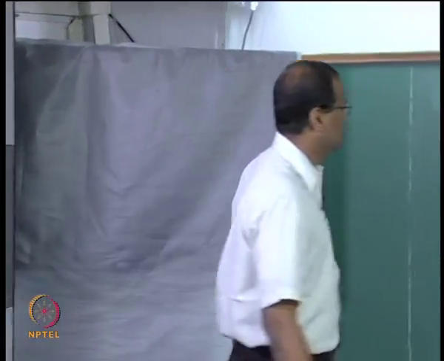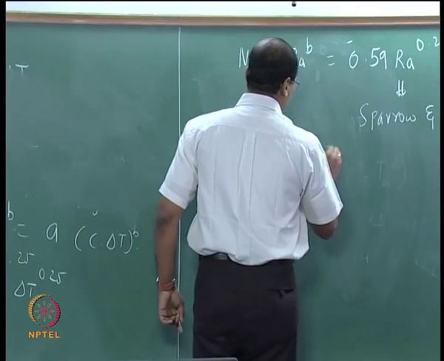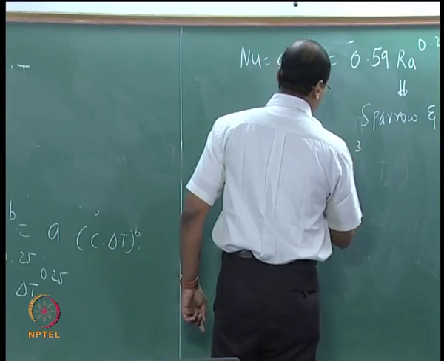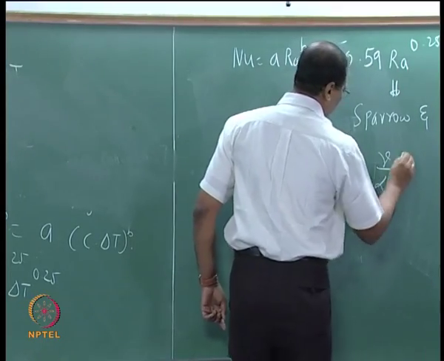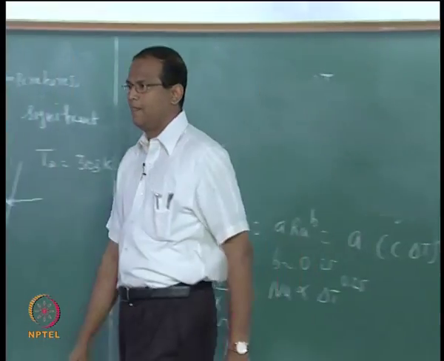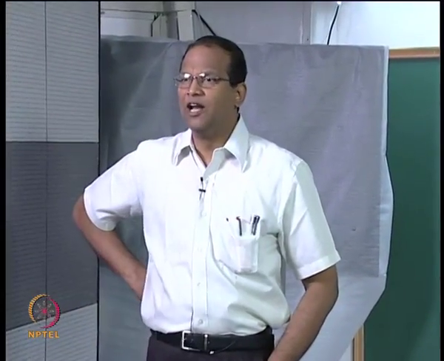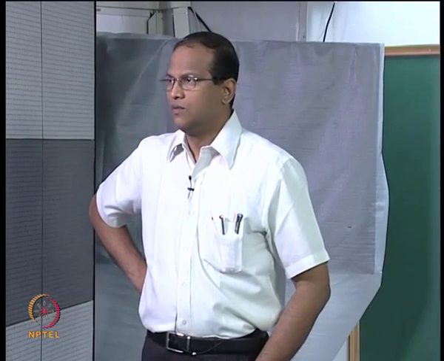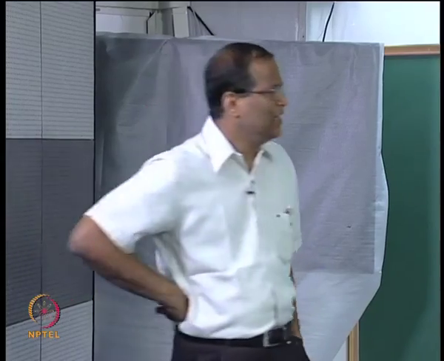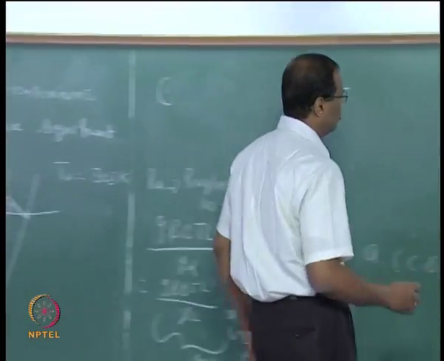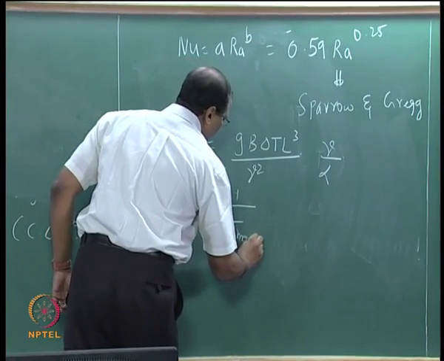Okay. So the Rayleigh number for this, based on the length L, g is 9.81, delta T is 70, beta basically the isobaric cubic expansivity, 1 by T mean.